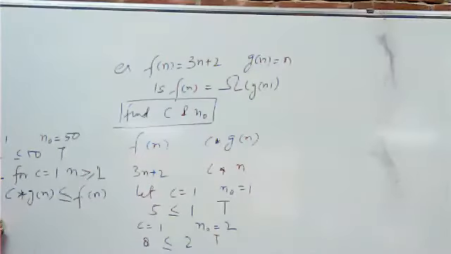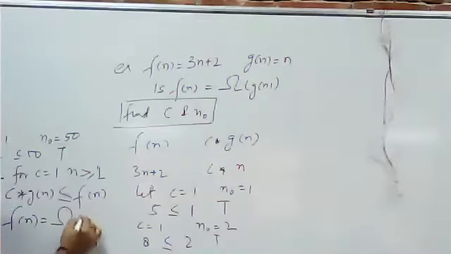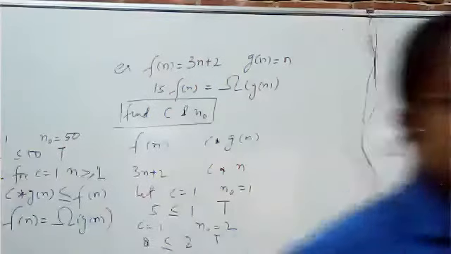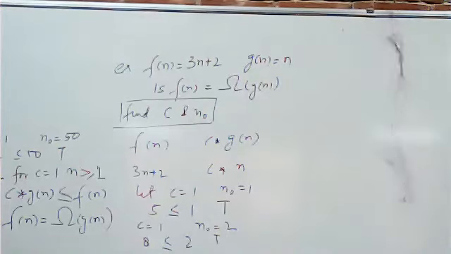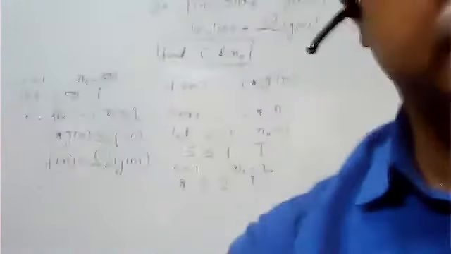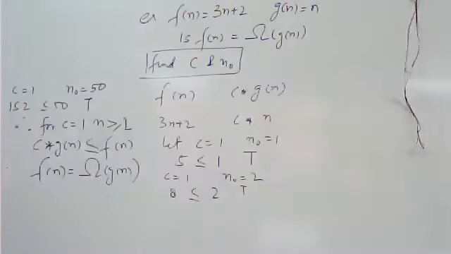Therefore we can say that Fn is equal to omega of Gn. Is this clear? Yes, sir. So note down this example quickly.